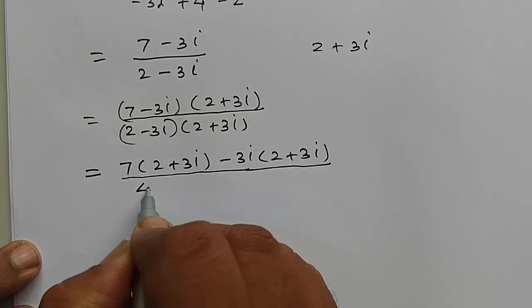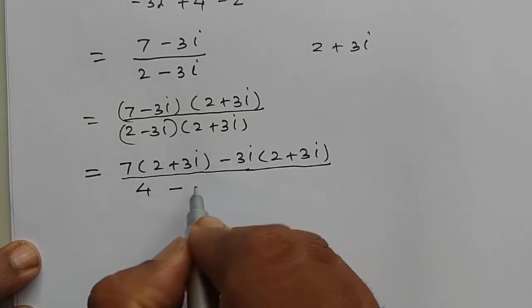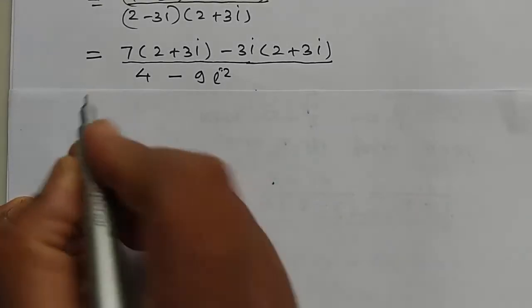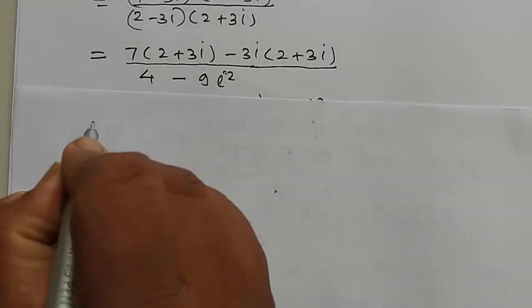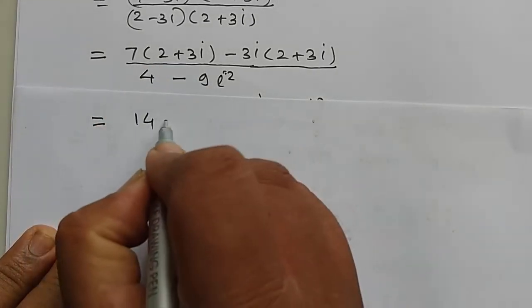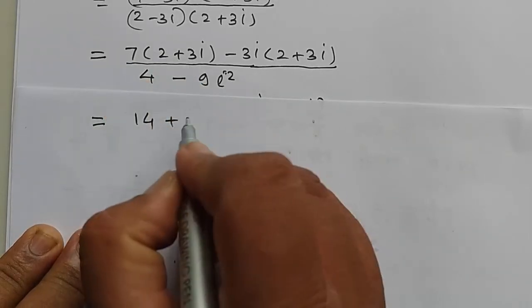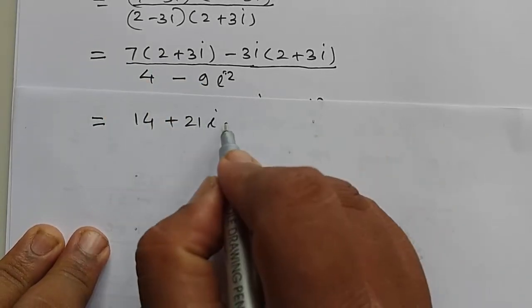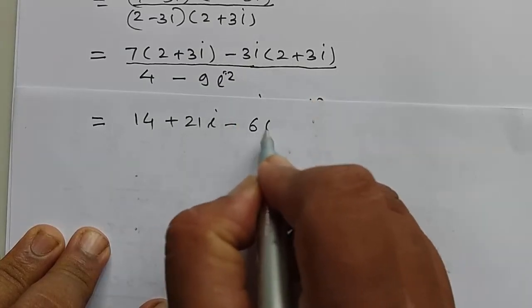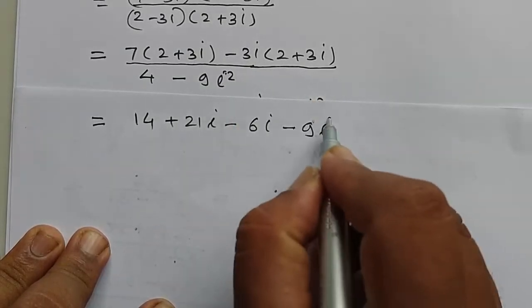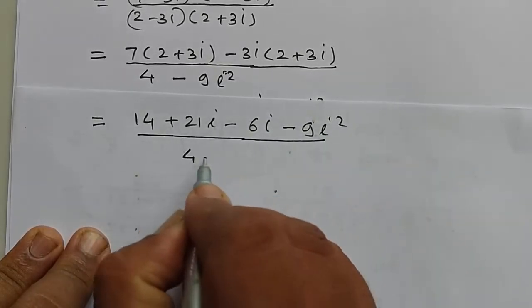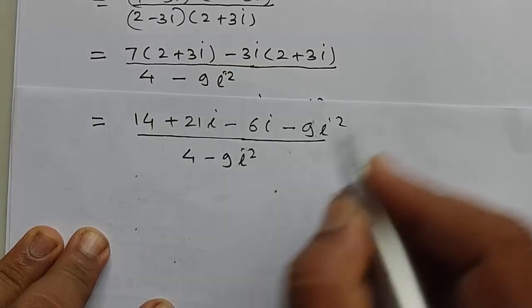So 2 into 2, 4, minus 3 into 3, 9i square, which is equal to 7 into 2, 14, plus 7 into 3, 21i, minus, multiply 3i inside the bracket, 6i minus 9i square, divided by 4 minus 9i square.